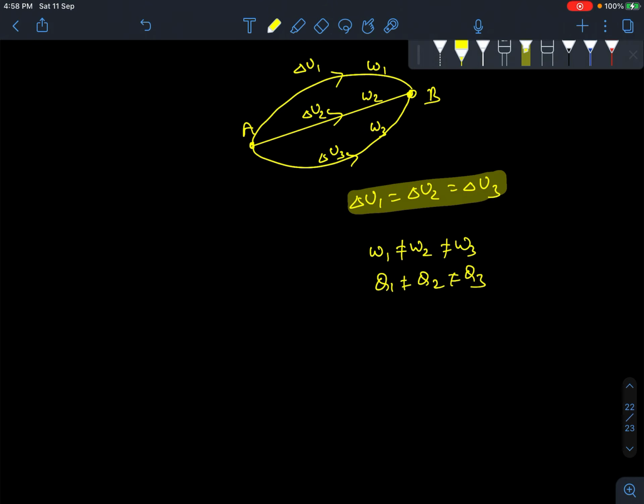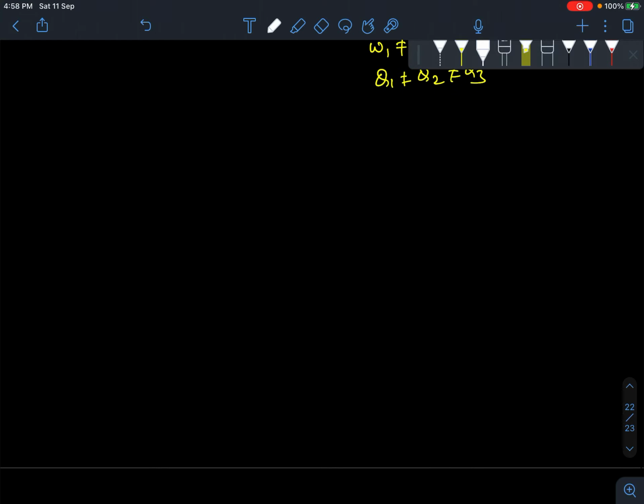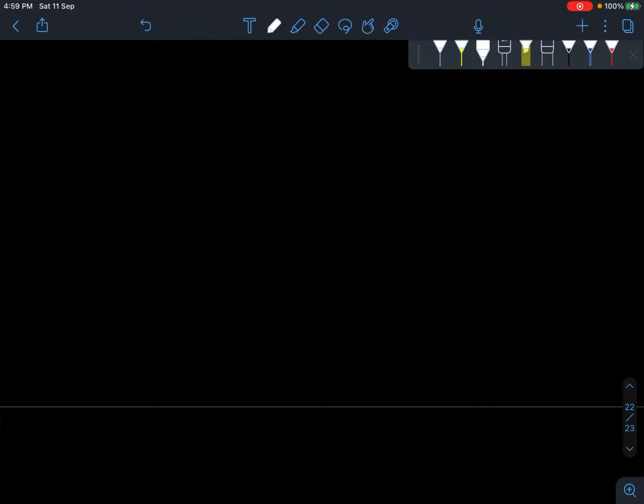Now the question is, if we cannot calculate the absolute value, then is it meaningless to discuss this? The answer is no. Even if we can't calculate it, we can measure it in terms of heat. How? For that we have to understand the first law of thermodynamics. And before covering the first law of thermodynamics, I want to discuss a little bit about the zeroth law of thermodynamics, right? So let's talk about the zeroth law of thermodynamics first.